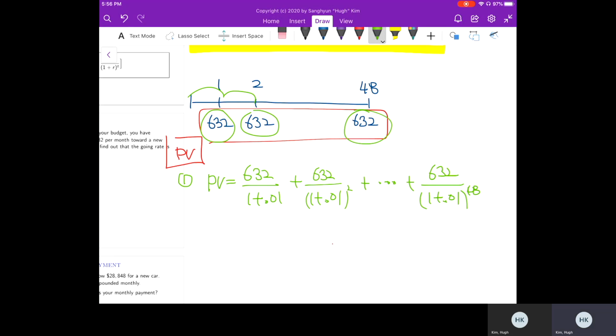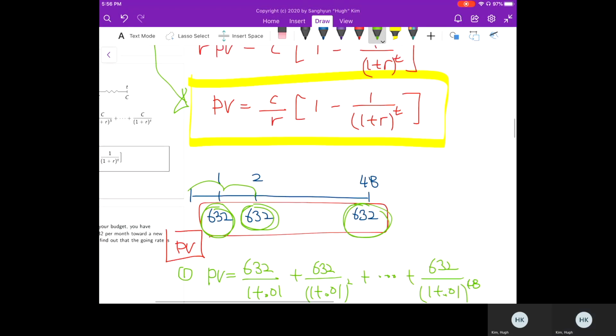But fortunately for us, when we have annuities, when we have equal cash flows, we have this shortcut.